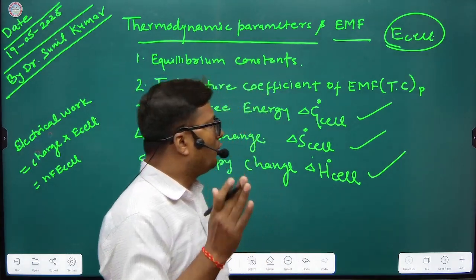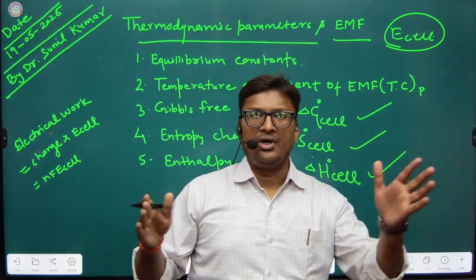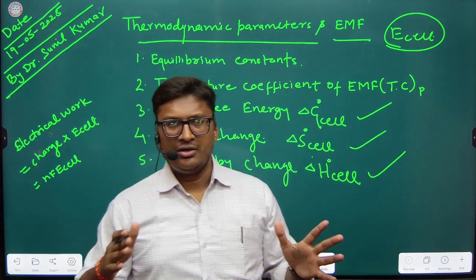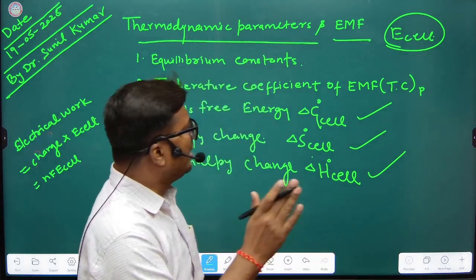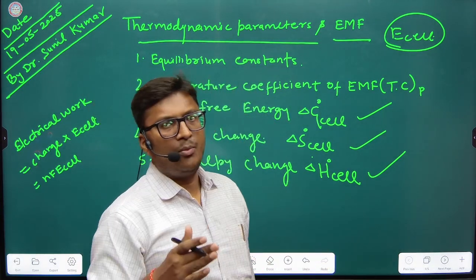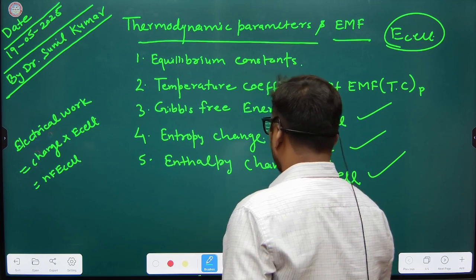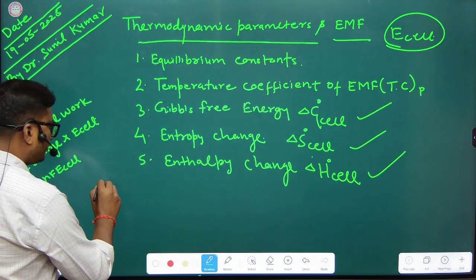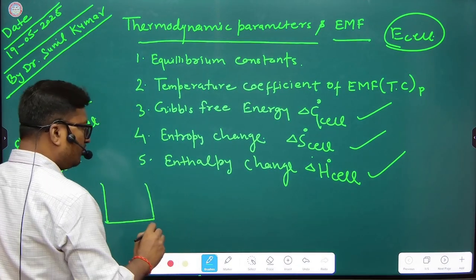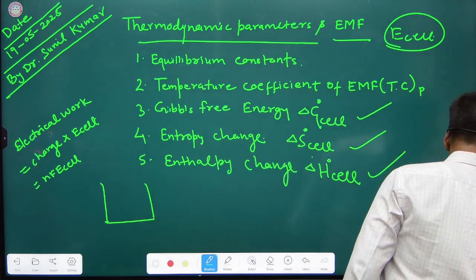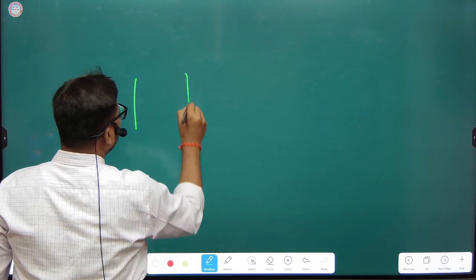And these two electrodes are actually connected by an outer circuit. So through this circuit, we will measure the volt or EMF of a cell. So suppose we have, this is your first container, right?